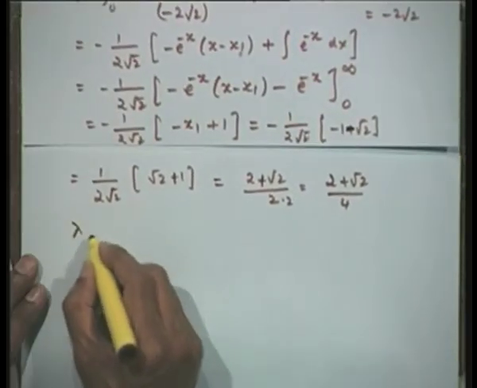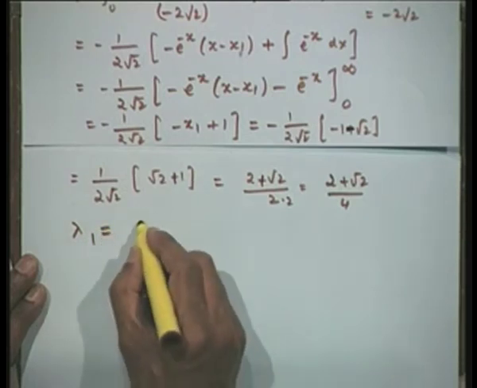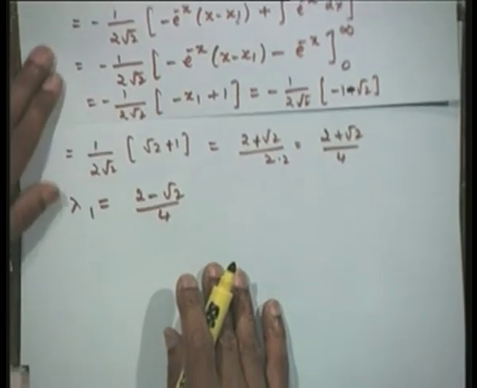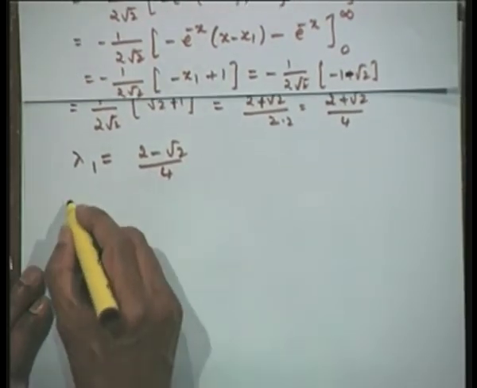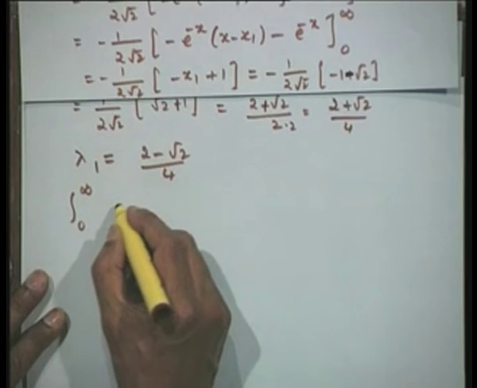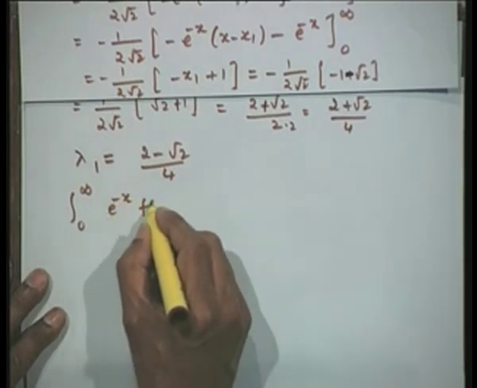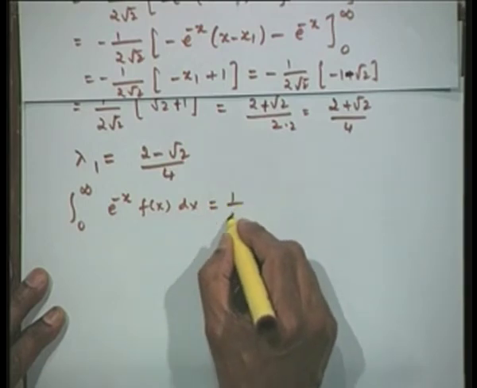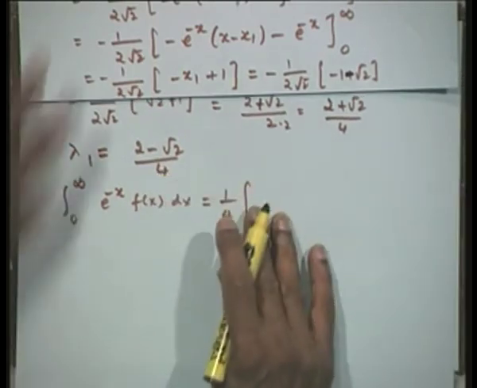Now, I will leave the second one to you to do. This comes out to be 2 minus root 2 by 4. Therefore, our 2 point rule is the integral from 0 to infinity of e to the power minus x f(x) dx equal to 1 upon 4, I will take this 1 upon 4 outside.